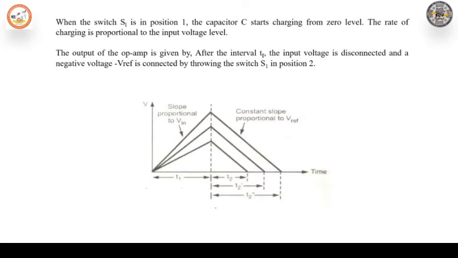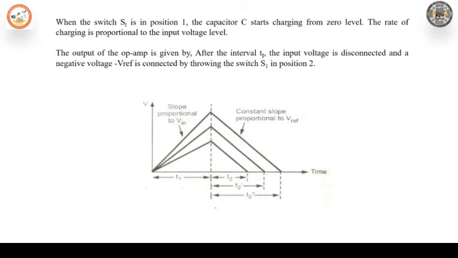As the Vref polarity is opposite, the capacitor starts discharging. The integrator output will have a constant negative slope as shown in the figure. The output decreases linearly and after the interval T2 attains 0 value when the capacitor C gets fully discharged.